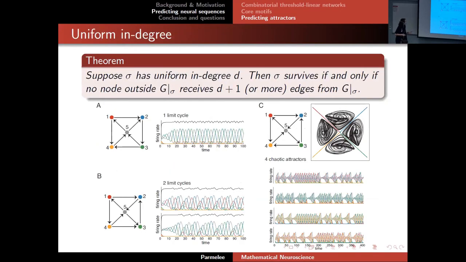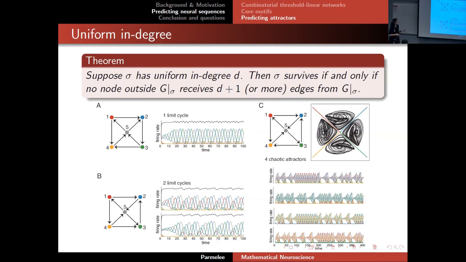One of the things that previous work did, by my advisor and one of my collaborators, Carina Curto and Katie Morrison, was they proved the survival rule for uniform in-degree graphs. When I say uniform in-degree, that's every single neuron in your little subgraph has the same number of incoming arrows. So in a 3-cycle, each node has 1 incoming arrow, so that's uniform in-degree 1.